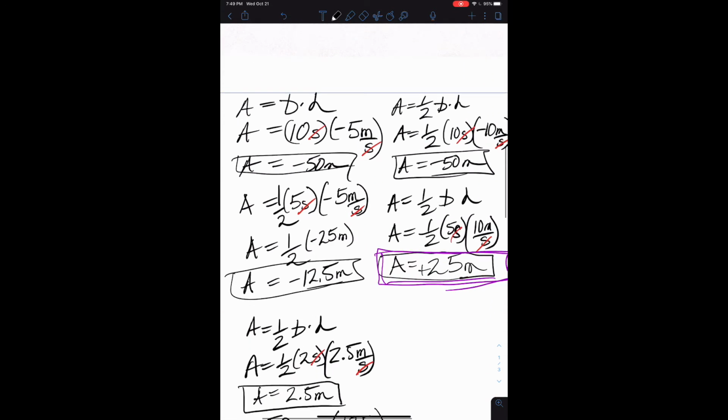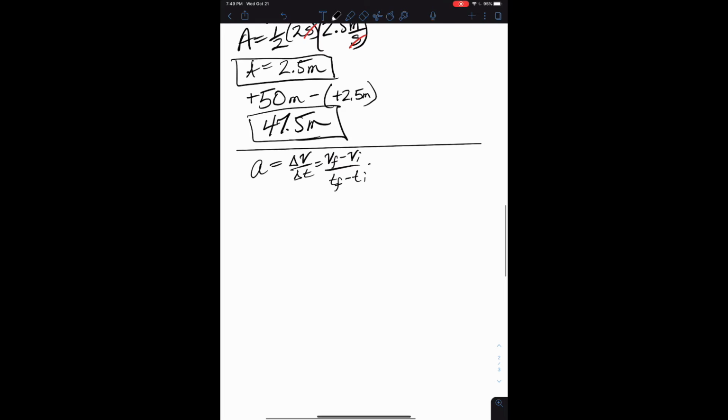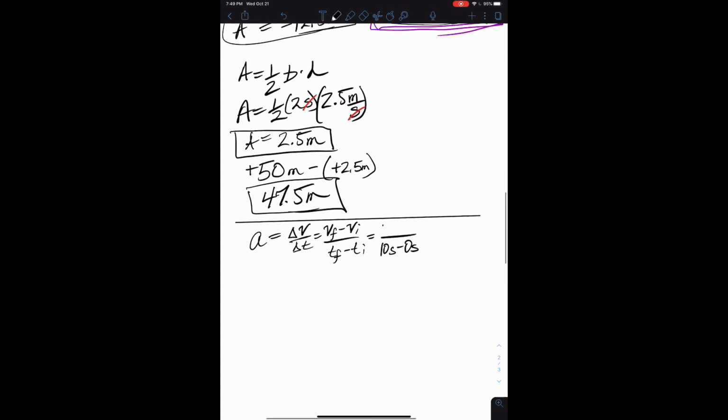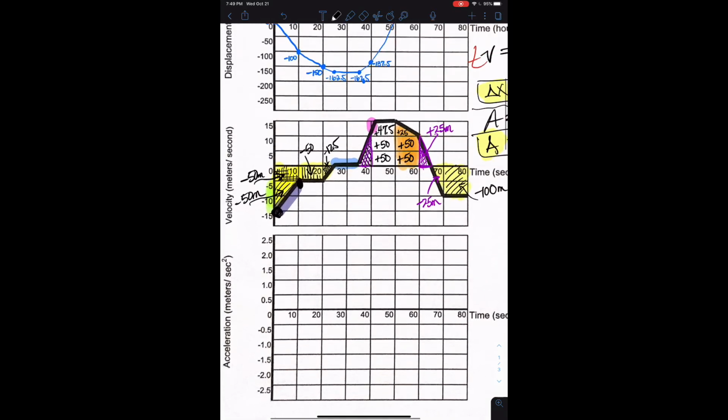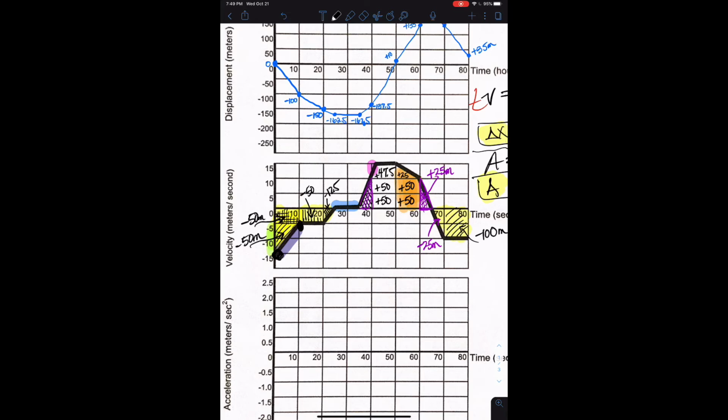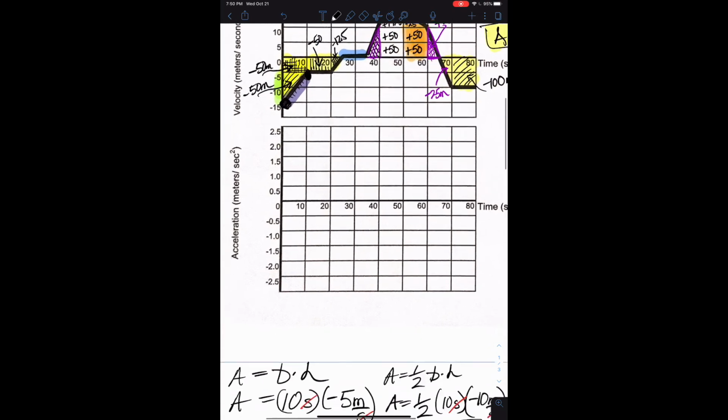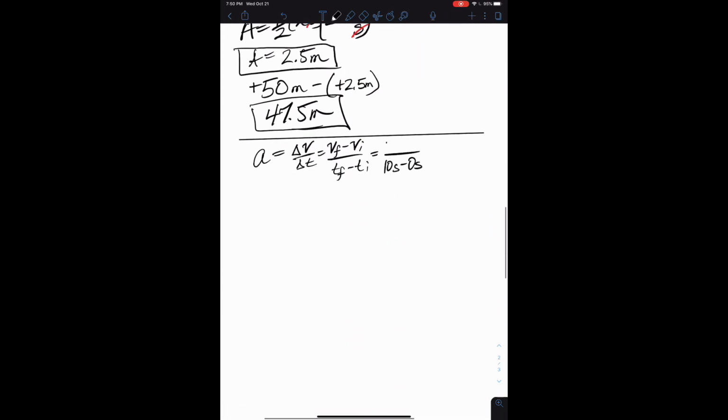My initial time is 0. So I'll just go ahead and add that in. I always get a positive value on the bottom. And then the velocities that go along with that, looks like my final velocity is at -5 and my initial velocity is -15. This is an up and right slope right here, right? And so we expect that to be a positive slope. So final -5, initial -15.